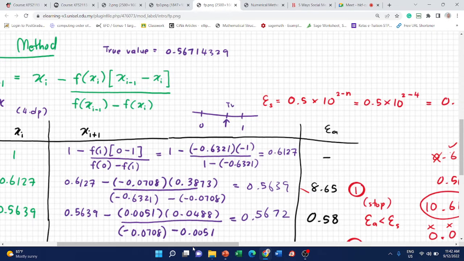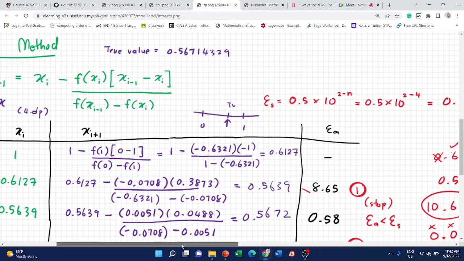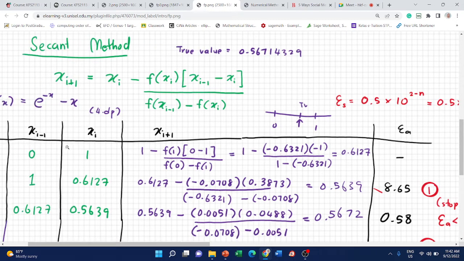Okay, I'll give you, I think, 1 minute to verify the computation for the first iteration here when i is 0. Okay, check. 0, put it here. So what is the value? 1, put it here. And then you substitute into this formula. The details you can compare these two. Okay, 2 minutes to check.